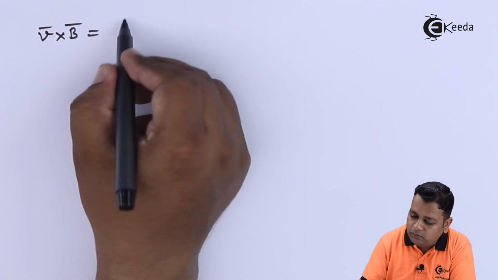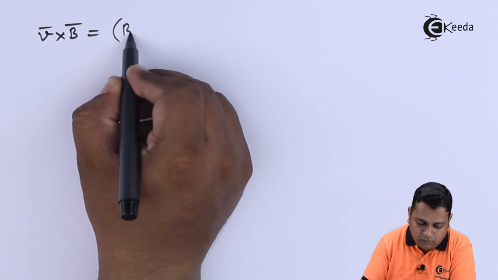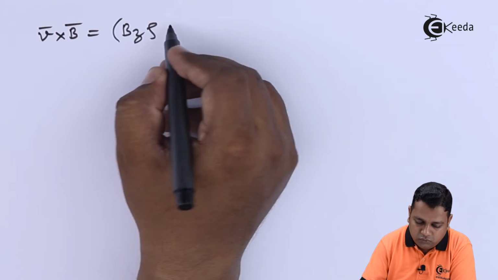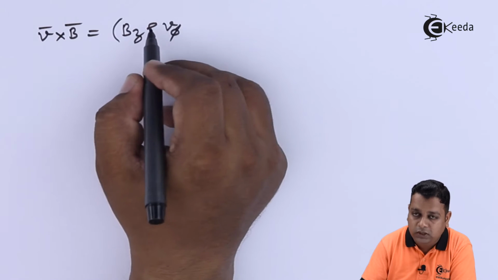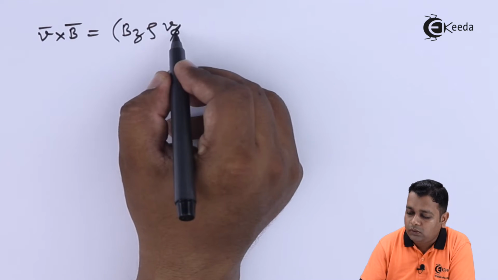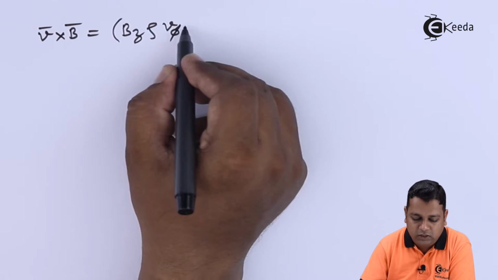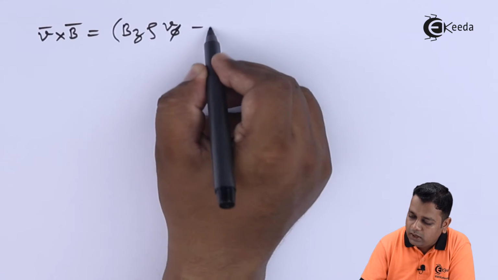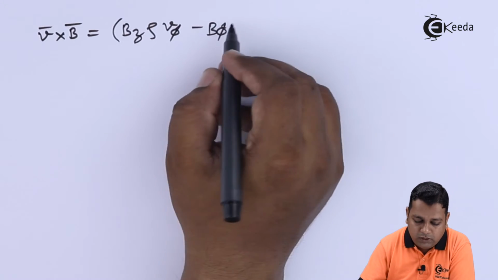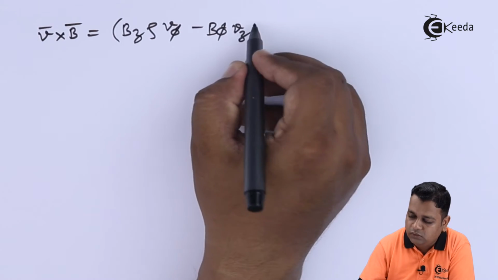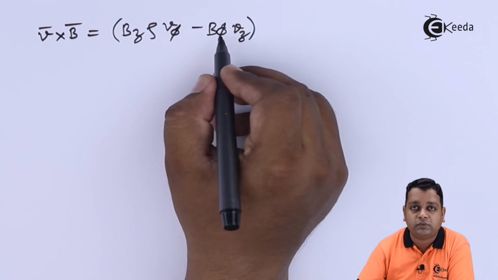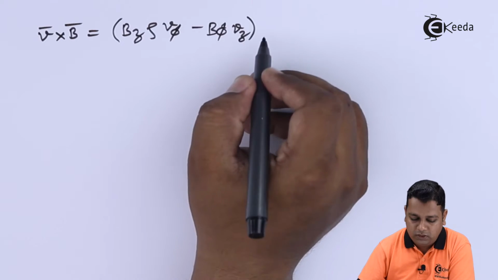It will be given by, here we have Bz into rho into v phi, which you can also express as d phi upon dt, minus the B phi component multiplied with vz, which you can also express as dz upon dt.